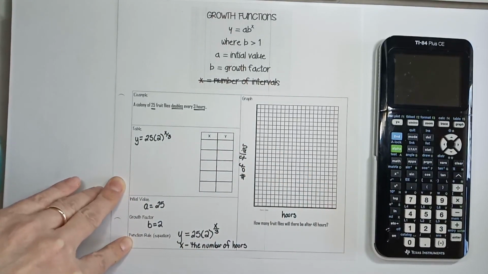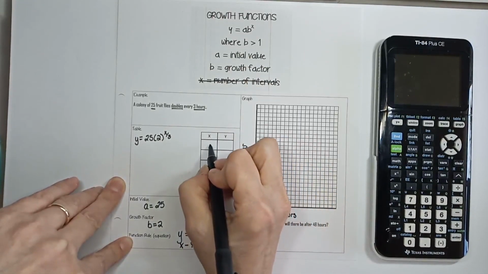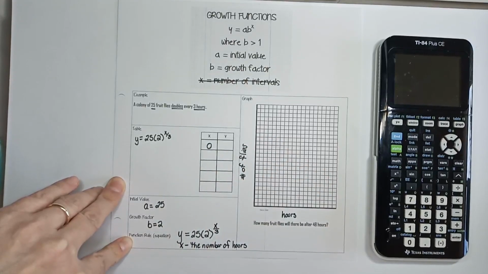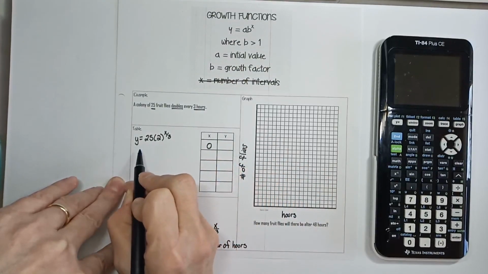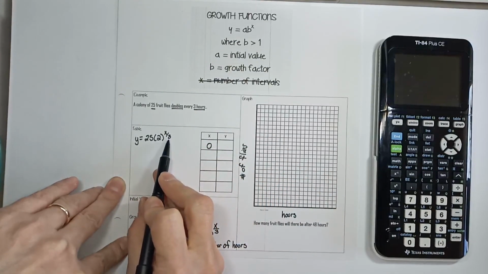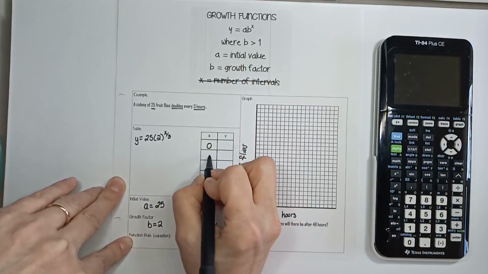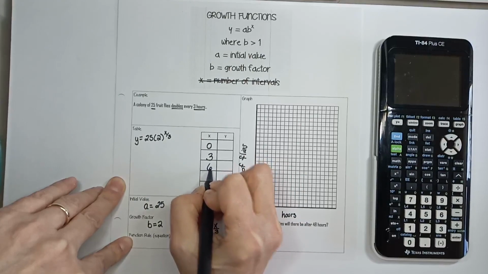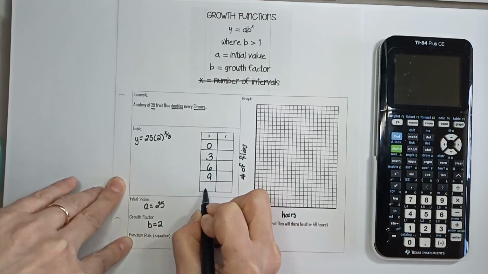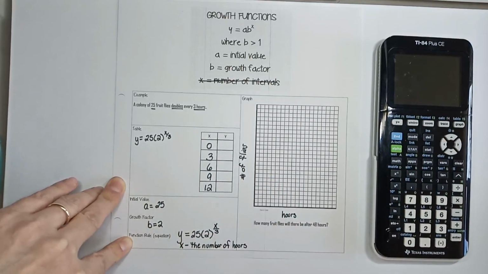I'm going to choose things that are divisible by 3, because if I choose something that isn't divisible by 3, I will be working with fractional exponents, and I don't want to do that. We could, but I don't want to. So I'm going to start with 0 always. Then 1 over 3 is going to give me a fraction, so I'm not going to use 1. I'm going to use 3, 6, 9, and 12.